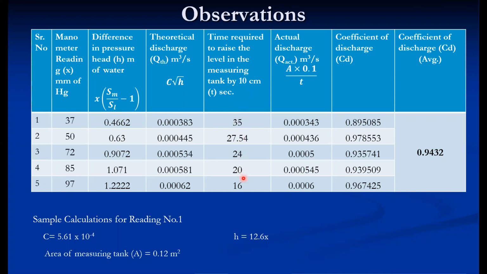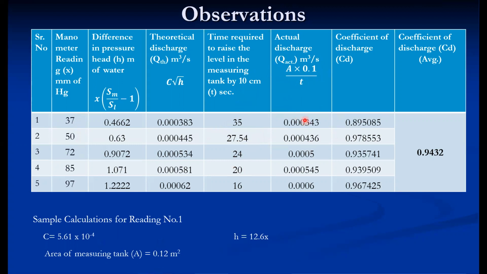As the time decreases, it means we are gradually increasing the flow rate. With the time, and the area of the tank known to us, that is 0.12 into 0.1 for the 10 centimeter rise, volume divided by time gives the discharge.